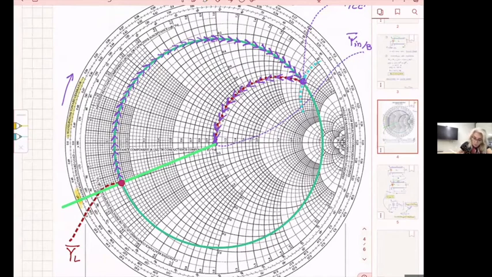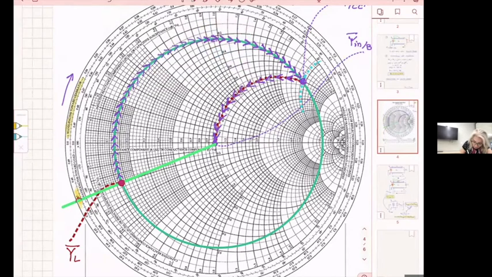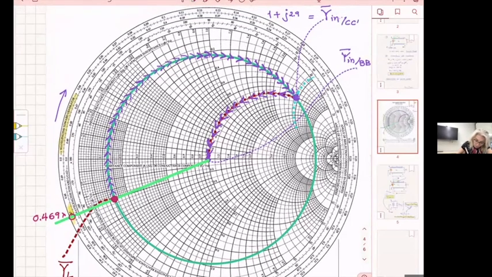If I were to write it, it would be this one here. It will be 0.469 lambda. That's one.